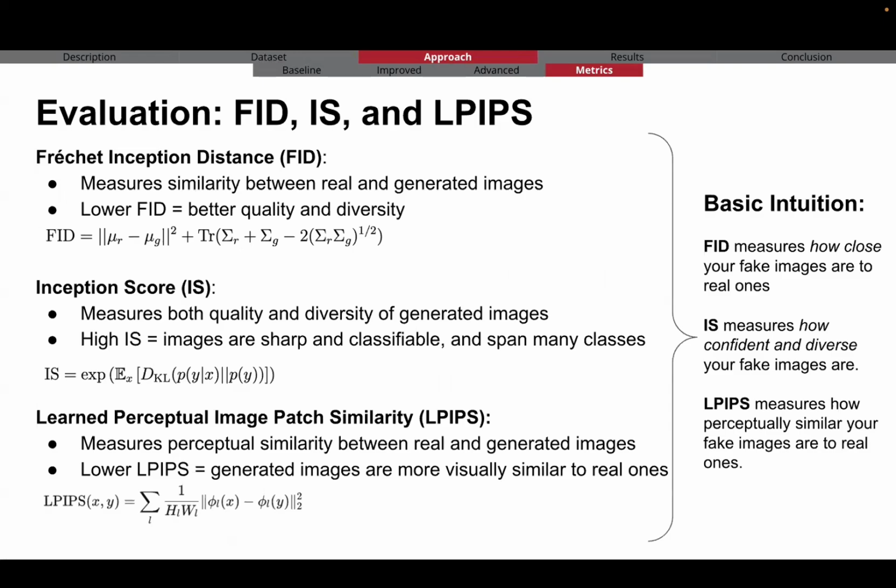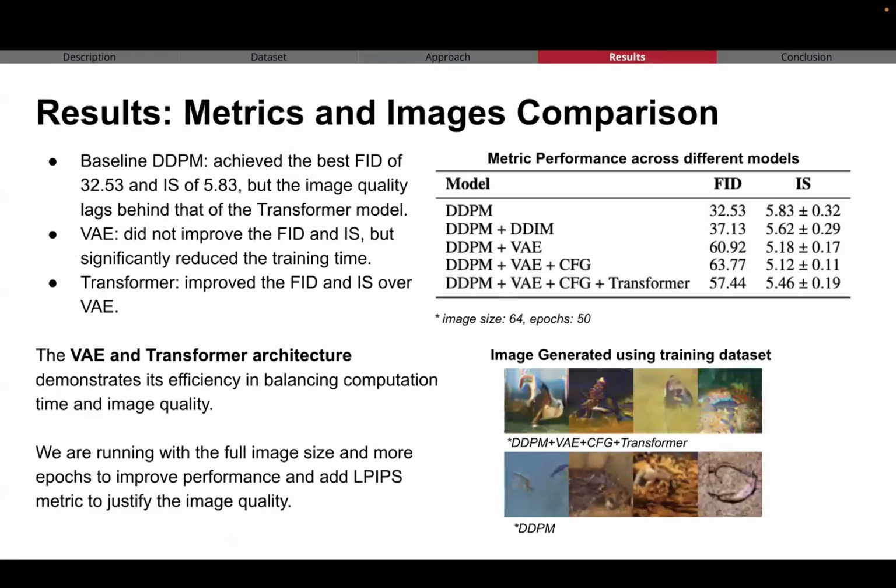A higher IS means the model produces sharp, distinct images across many classes. Learned perceptual image patch similarity, or LPIPS, can better capture human perception of visual similarity. So in short, while FID measures global distribution alignment and IS measures diversity and confidence, LPIPS focuses directly on perceptual image quality. Now let's look at the results matrix and image comparison.